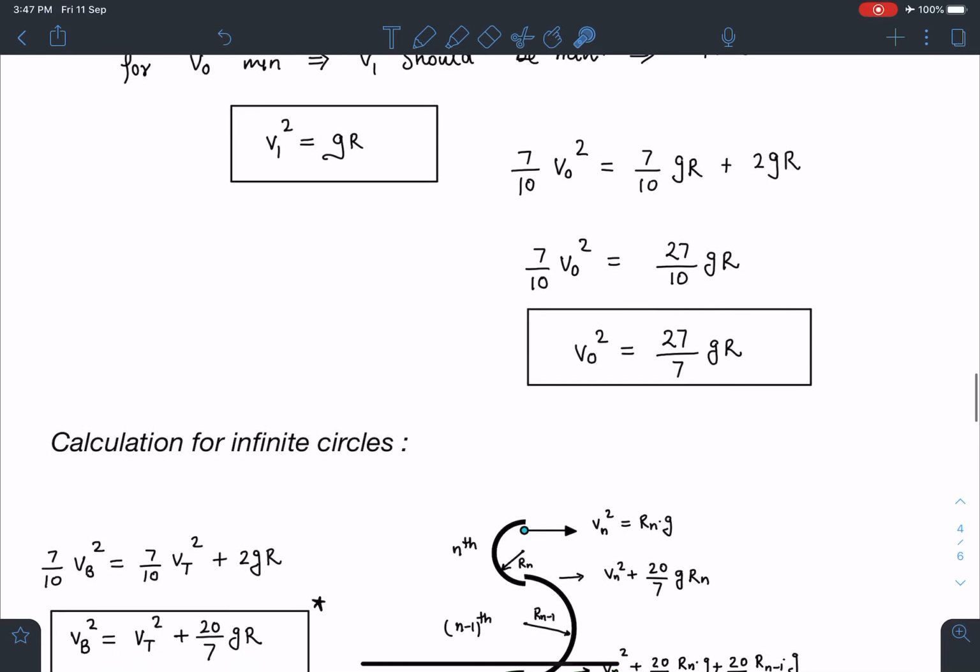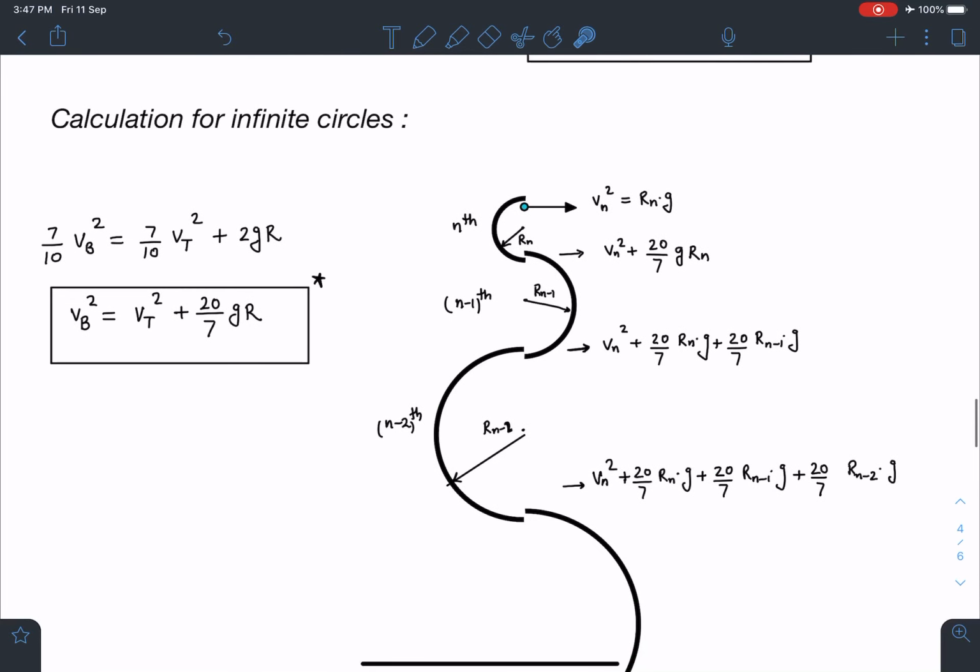All right, so if it is just reaching here, it must be having a velocity of root gr, and to have this much velocity it must be having a velocity of this at the bottom. By energy conservation I can find out Vn square plus 20 by 7 g rn. That should be the velocity.